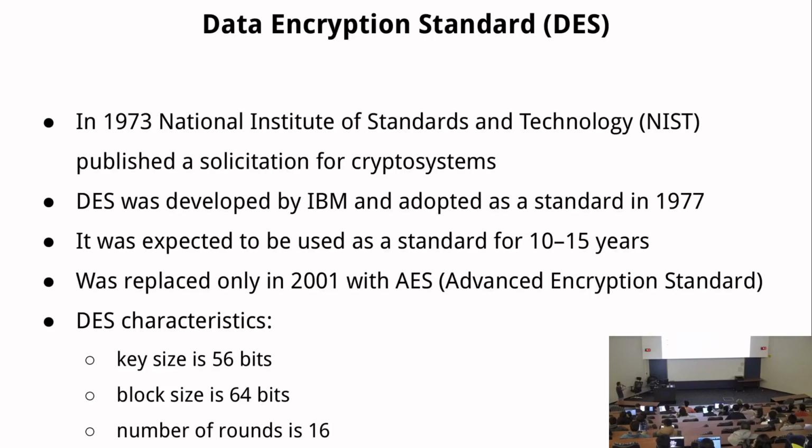The block size is 64 bits, which means what the algorithm really encrypts is 64 bits or 8 bytes. Even though the key is smaller, each block is 8 bytes.